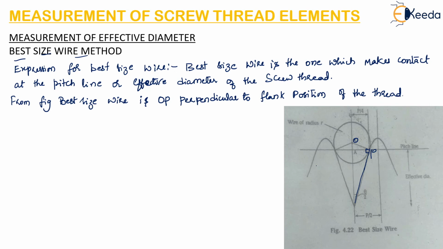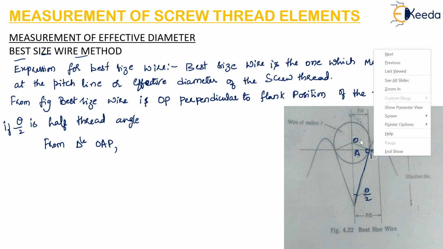So if theta by 2 is the half thread angle, then from the triangle OAP, sine of angle POA can be written as AP by OP.